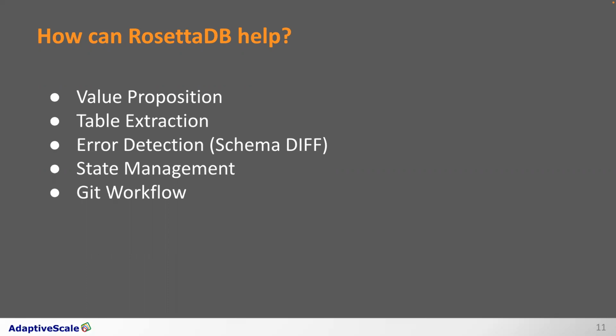RosettaDB will allow you to do table extraction much more easily. It will allow you to do error detection, not only at the level of the data, but also to check the various schema changes and maintain the state of your database. And if you want to apply a new change, you can do that freely with Rosetta.